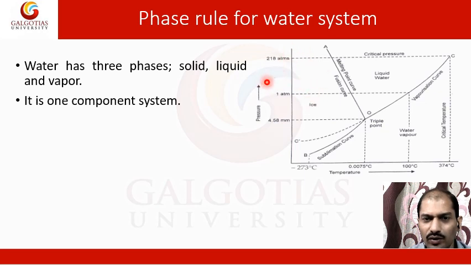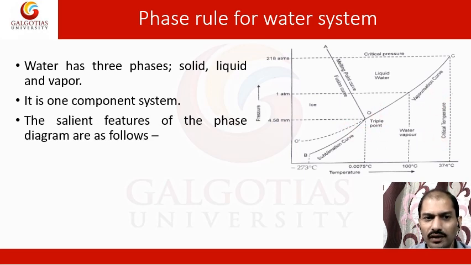That is the critical pressure and critical temperature of the liquid, represented by the dotted line. So the different kinds of phases can be explained with the help of the phase rule for a one-component system.